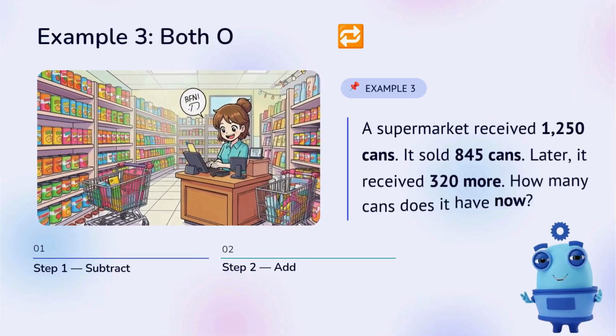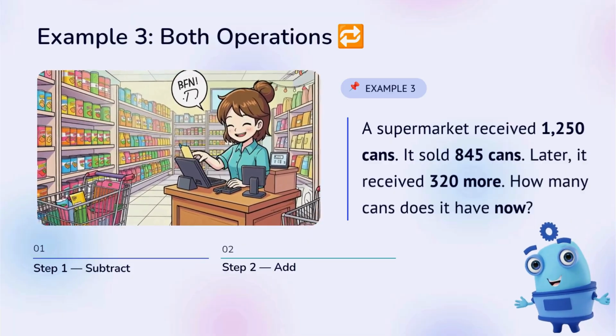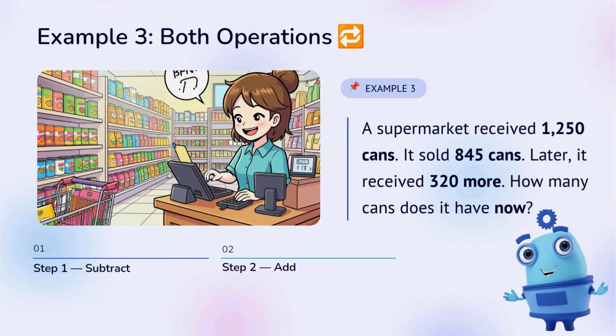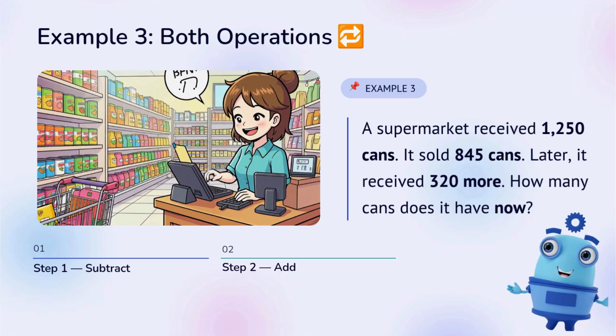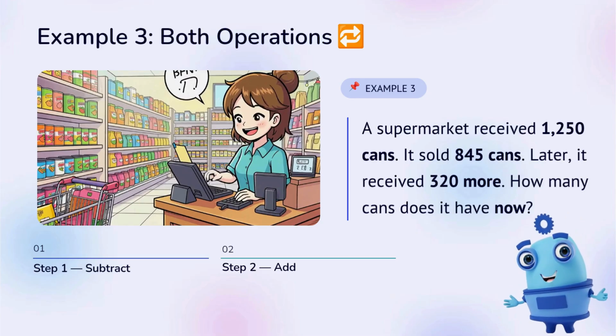Last, example number 3. Both operations, using subtraction and then addition. Here's the problem. A supermarket received 1,250 cans. It sold 845 cans. Later, it received 320 more. How many cans does it have now?